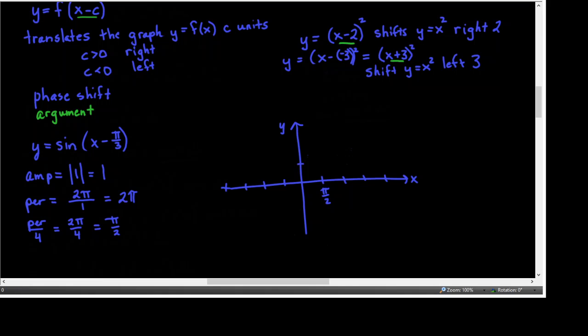And I'm going to graph the regular sine of x function first, so that you can see what's happened to it. So starts middle, high, middle, low, middle. And I'm just going to graph one period. The directions actually say just graph over one period. So that's all we're going to do.